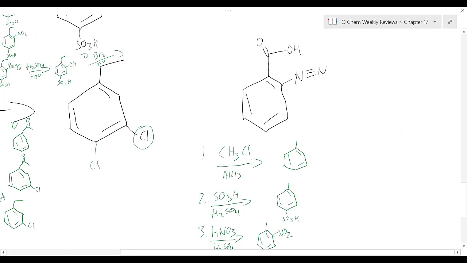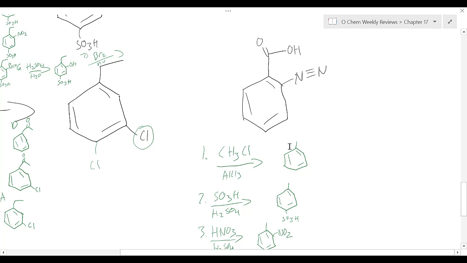Alright, lastly, this is probably the longest one. So I drew the end result, but our starting again is just a basic benzene ring. So what we want to do is start with a methyl group. Now this methyl group can also be an ethyl, propyl, butyl, doesn't matter, as long as we have some type of alkyl group, and you'll understand why.